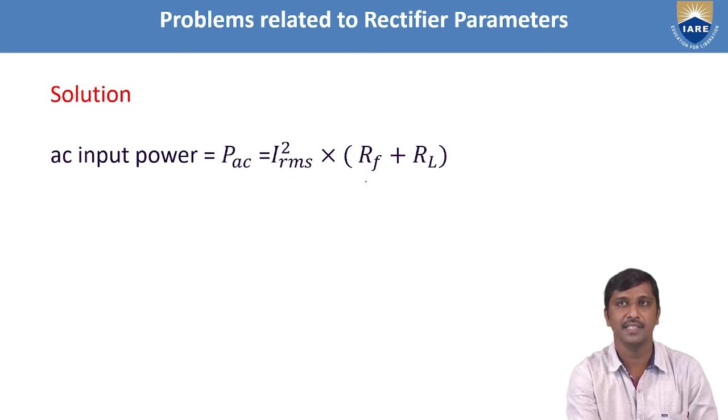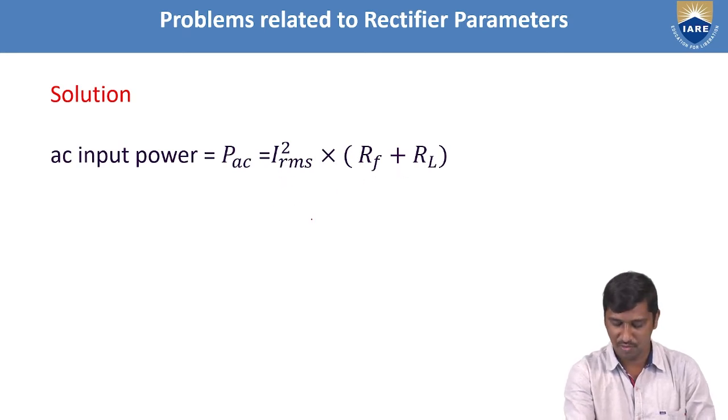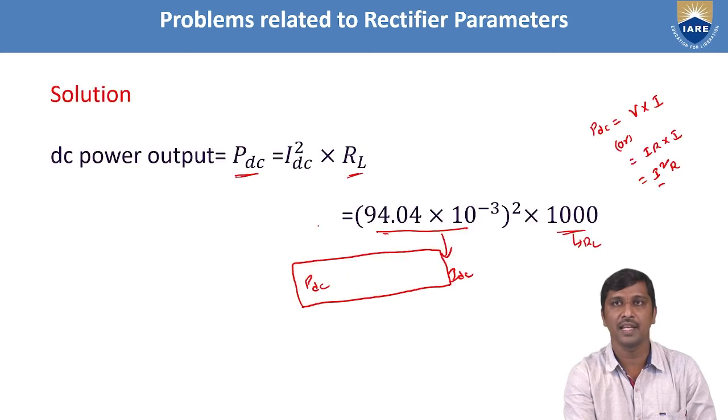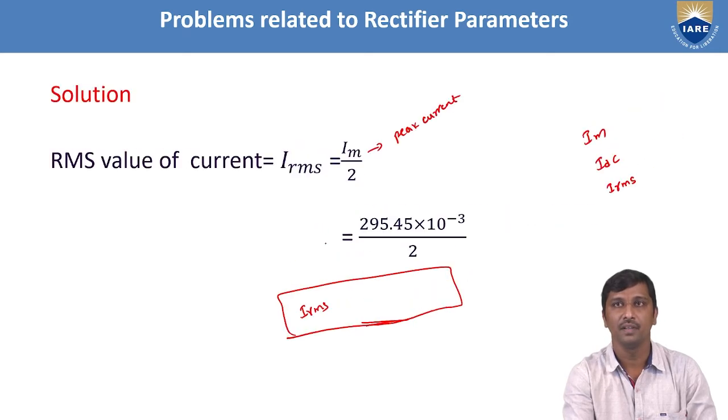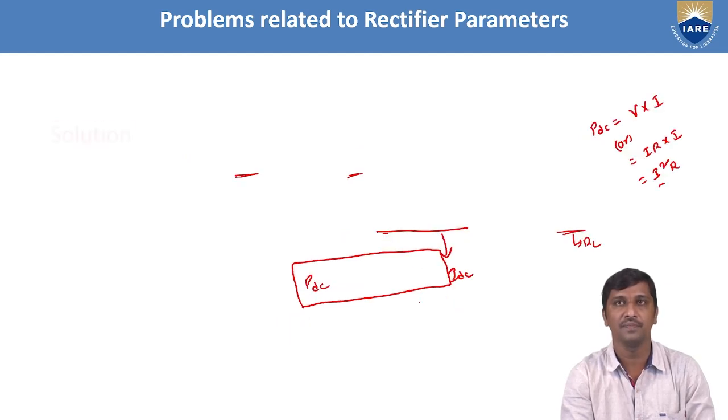And in place of resistance, we need to consider the diode resistance as well as the load resistance, so I represented it as RF plus RL. The IRMS we observed is 147.7 milliamps. Now we are going to substitute this IRMS in the AC input power.